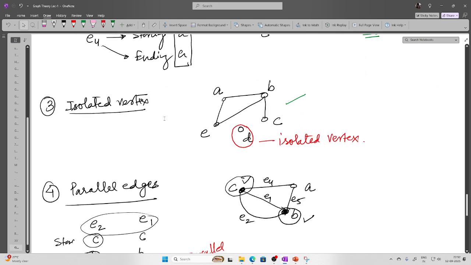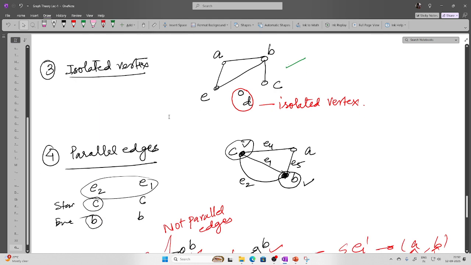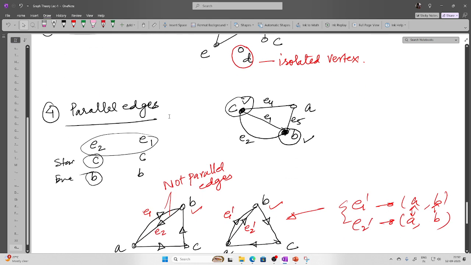Isolated vertex, that is the vertex which is not at all connected to any of the other vertices in the graph. And parallel edges, those edges which have the same initial and terminal vertices. But parallel edges are not considered in case of adjacent edges.